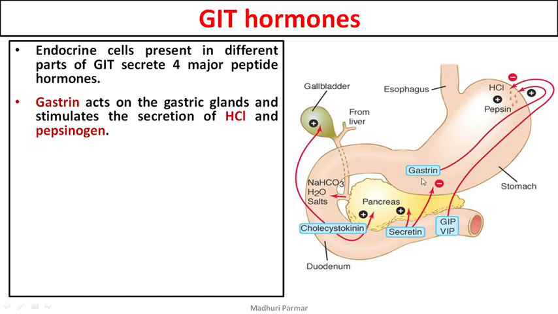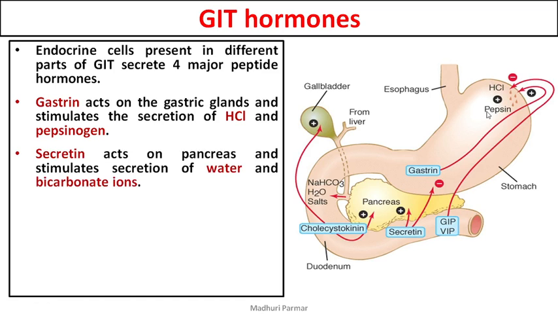So what will gastrin do? Gastrin is a local hormone. It will go to the stomach and cause increased production of HCl and pepsin. Look at this red arrow showing a plus sign. Plus sign means it is increasing the production of HCl and pepsin.